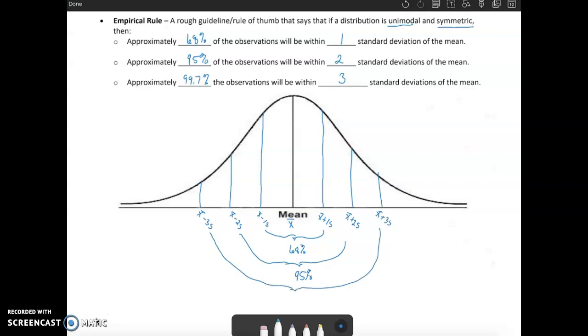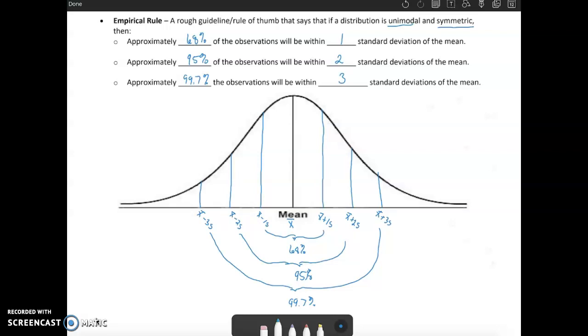And within three standard deviations, we've got 99.7% of the data. So it shows that spread, like where's the bulk of our data? And anything outside of three standard deviations is almost impossible to happen. There is only a 0.3% chance of being outside of that.